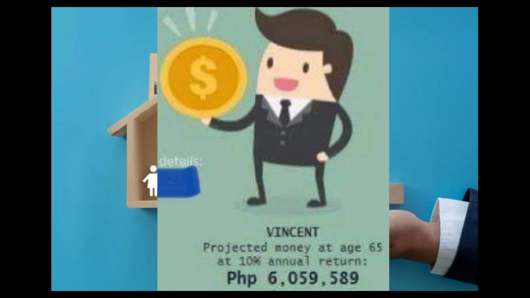At age 65, his 5,000 per month now earns 6,059,589. So that's the difference from the bank. It's more than 5 million difference with the same amount. That's why a lot of people are putting their money on investments.